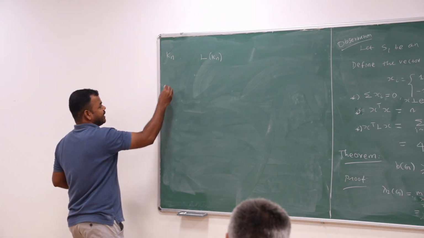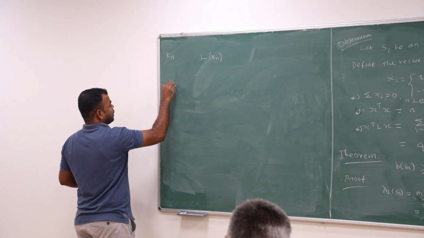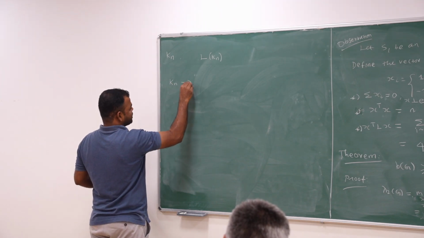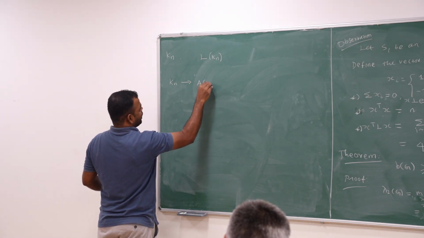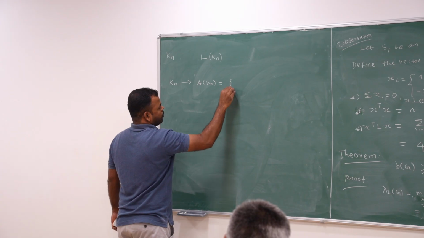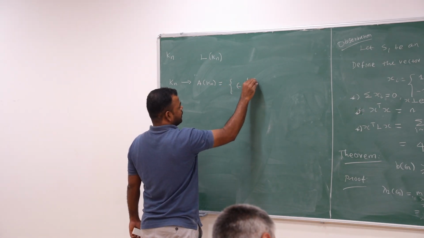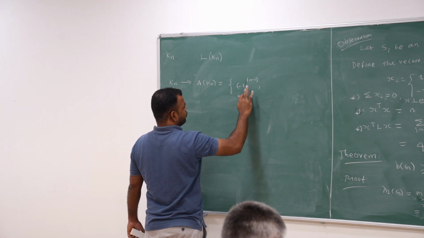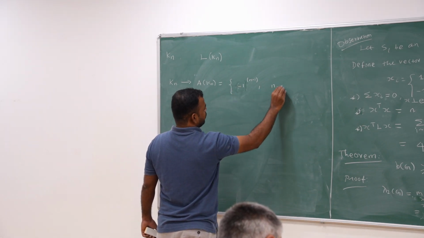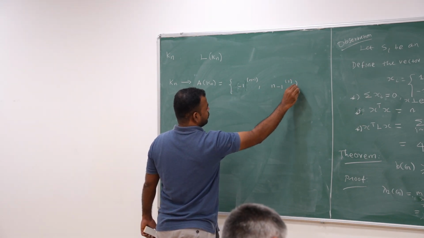You know adjacency eigenvalues. If Kn is the complete graph, what is the adjacency spectrum? The spectrum of A of Kn is -1 with multiplicity n minus 1 and n minus 1 with multiplicity 1.